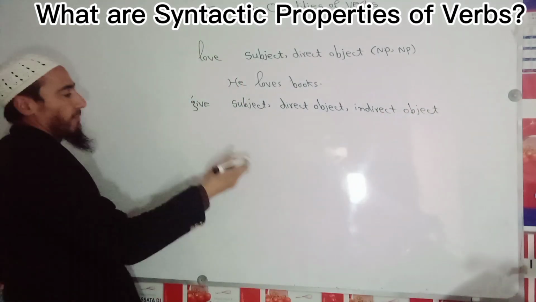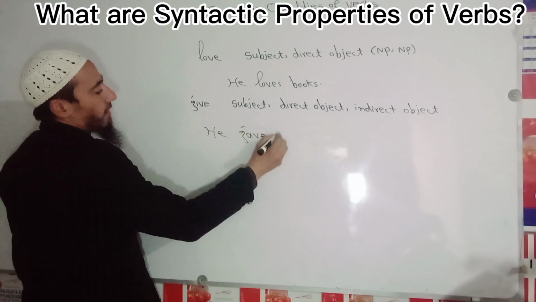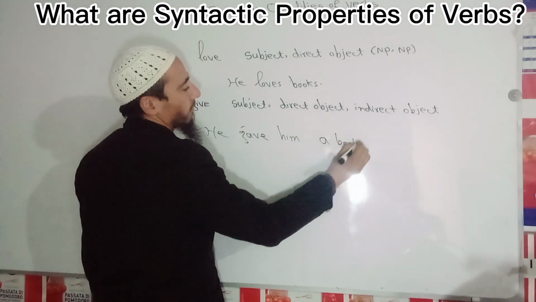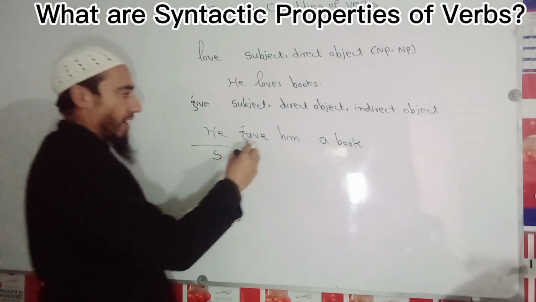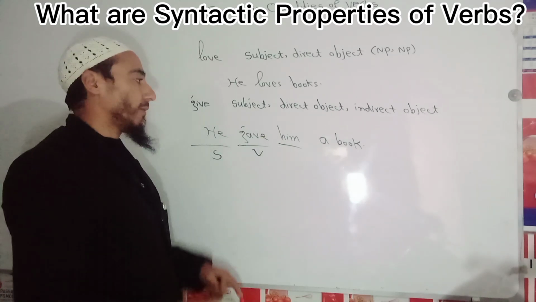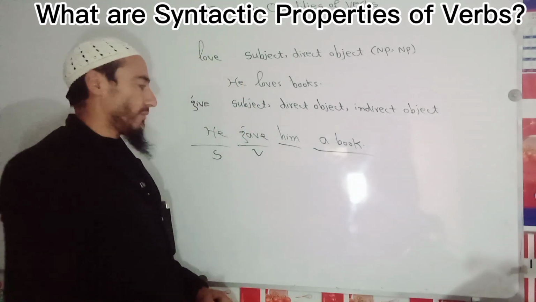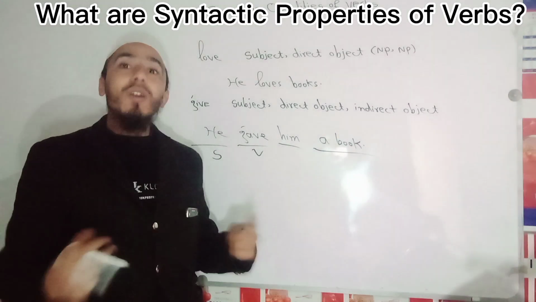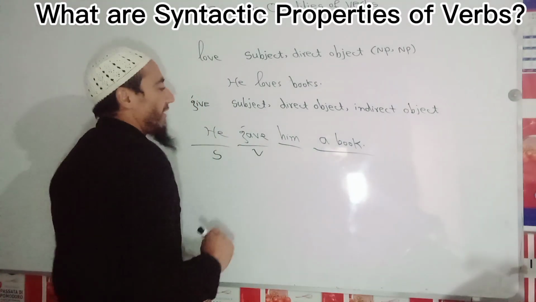How is it so? For example, I'm writing a sentence. He gave him a book. Listeners and audience, here you see he is subject and gave, that is verb, and he gave what? A book, that is direct object. To whom? To him, so it is indirect object.